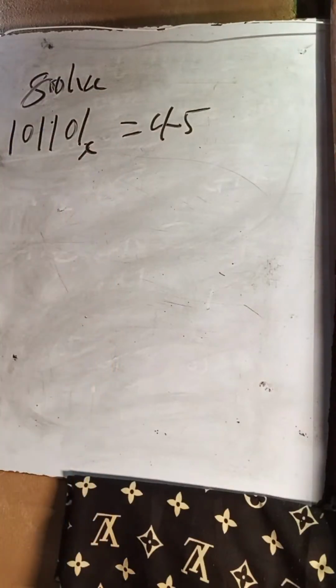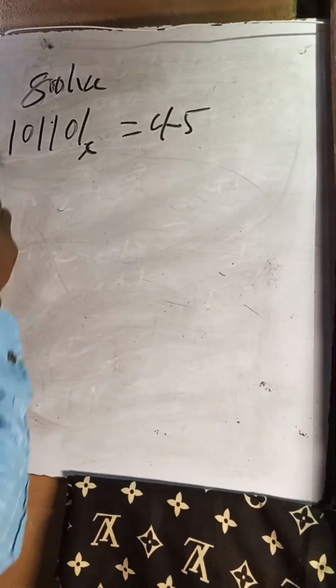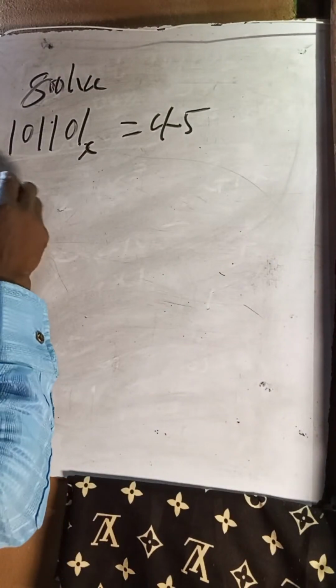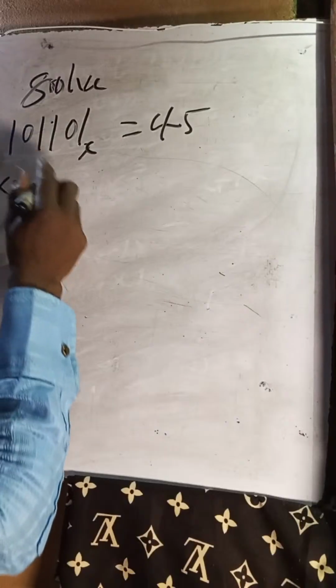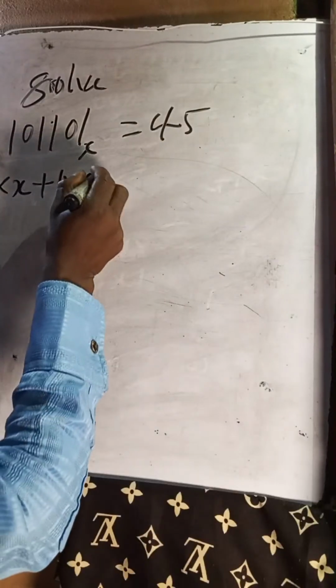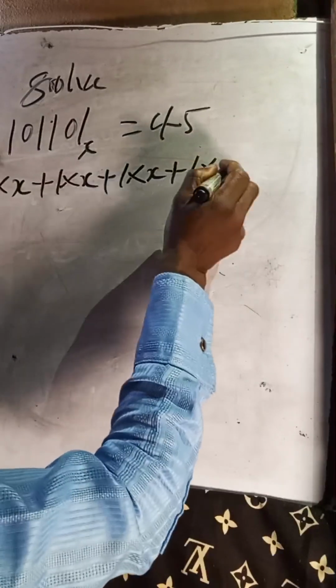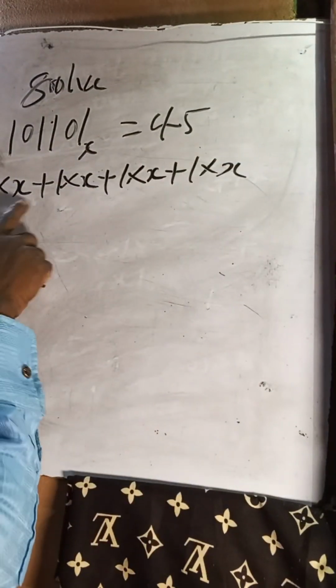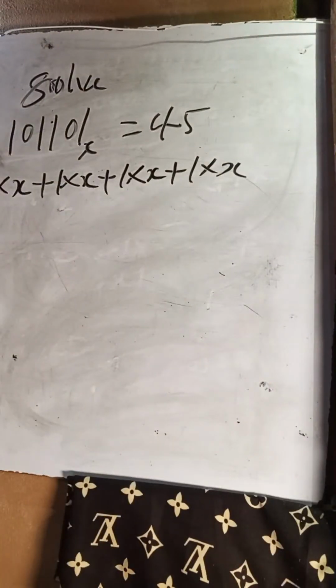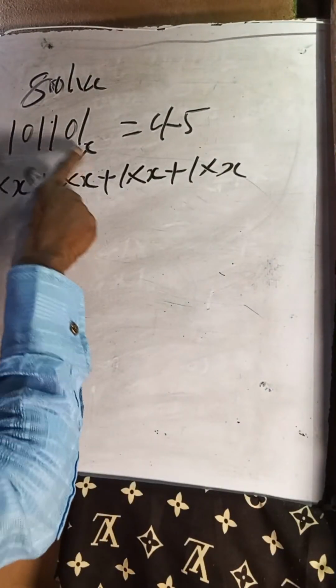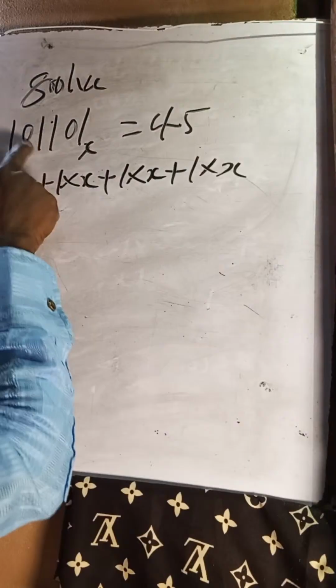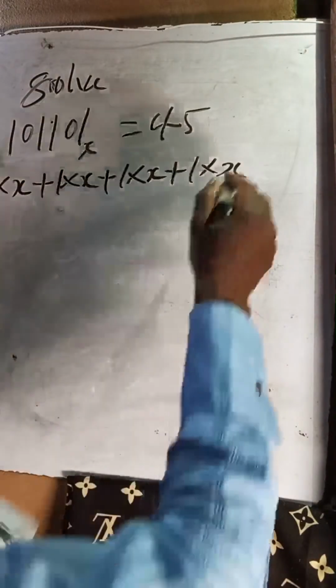Solve this one. So just go ahead, and we have 1 times x plus 1 times x plus 1 times x plus 1 times x, which is 4 times: 1, 2, 3, 4. Leave the zeros, please. Don't bother the zeros, just leave it.